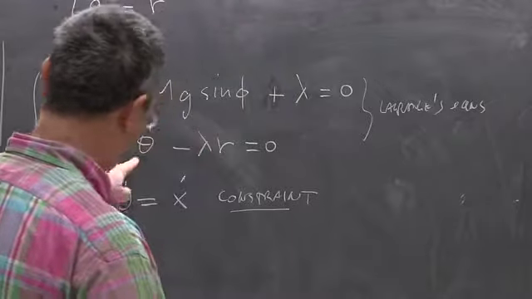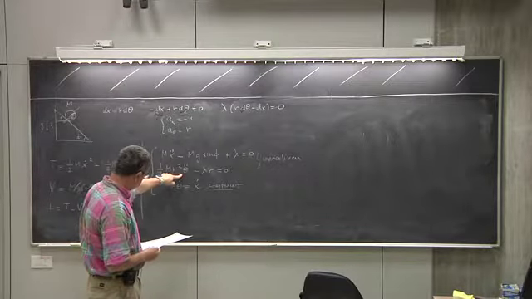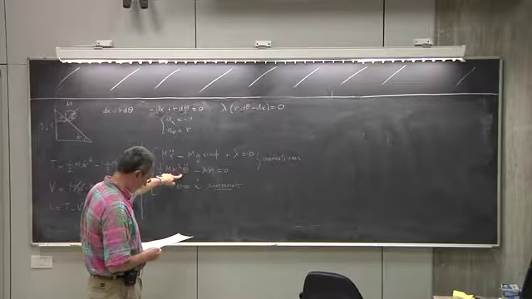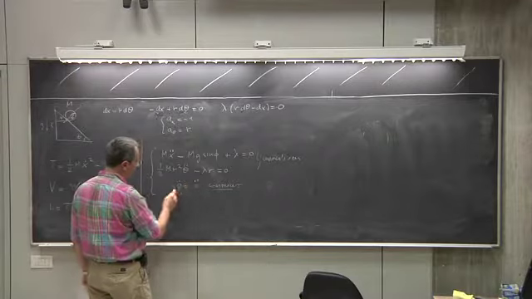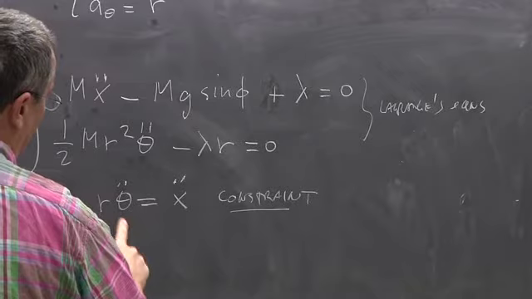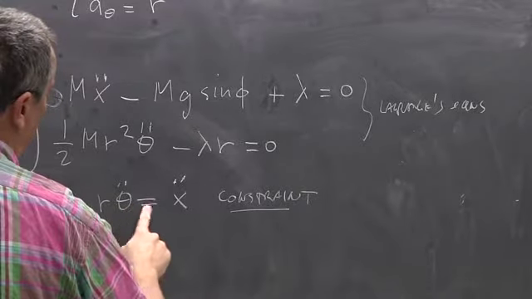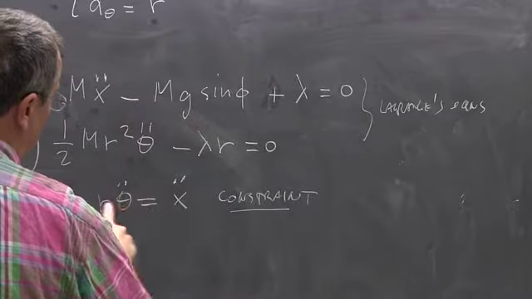Well, for instance, if you take the time derivative of the constraint, now you have an equation that allows you to write, you see, you can replace this theta dot dot by using this, right?